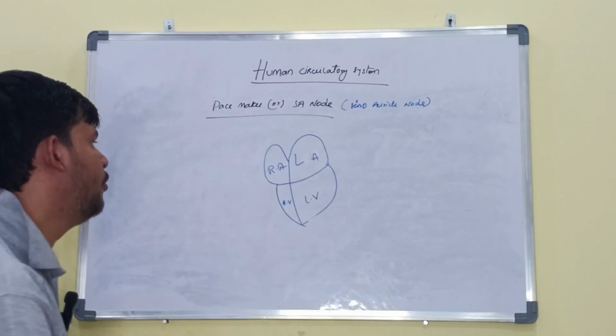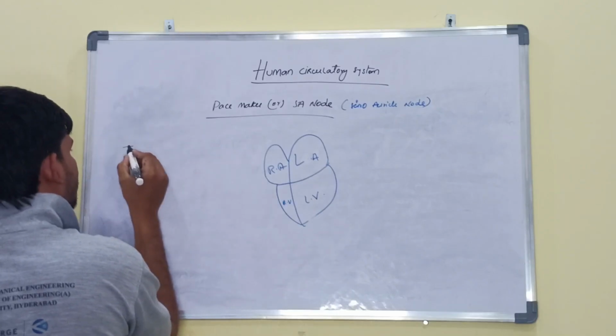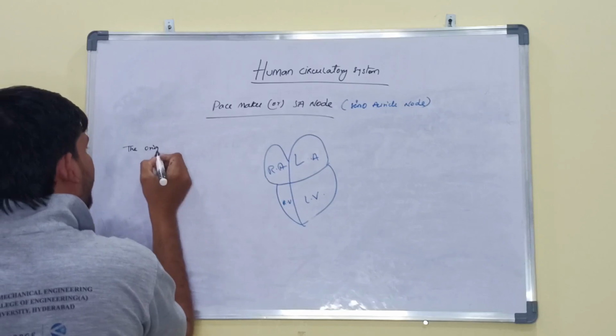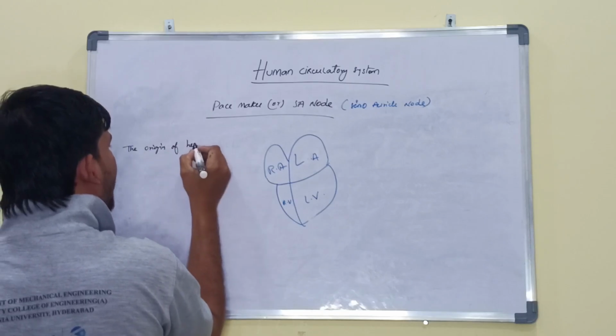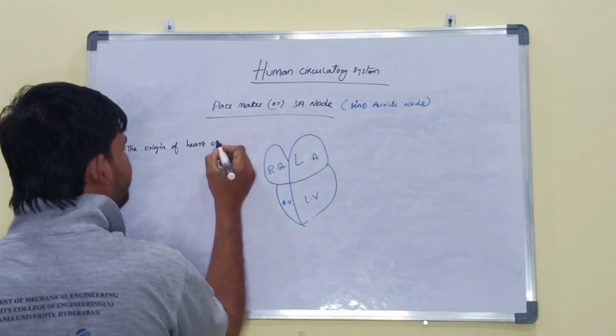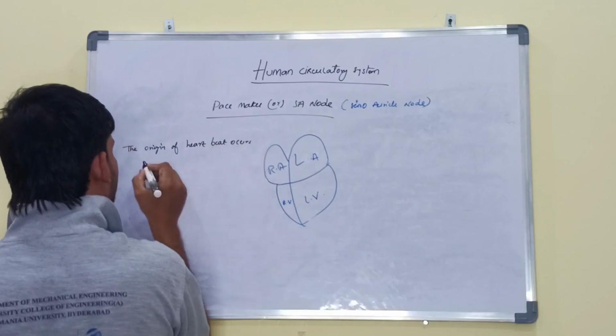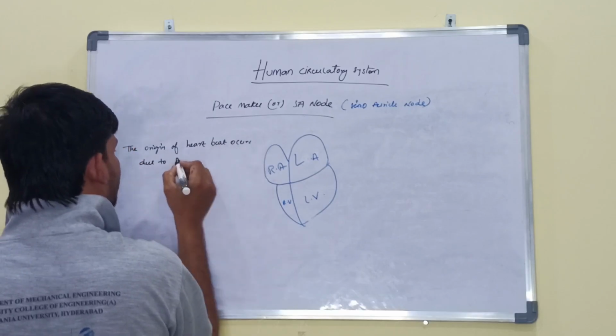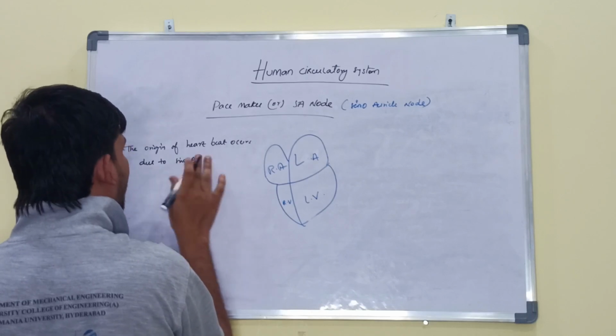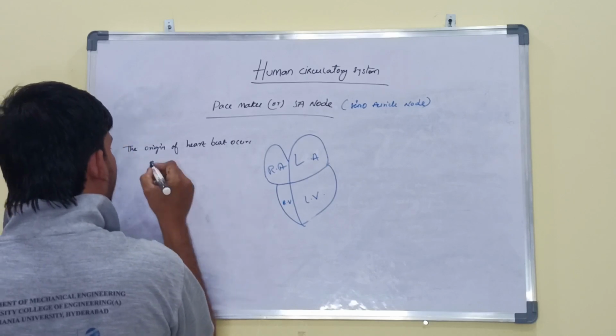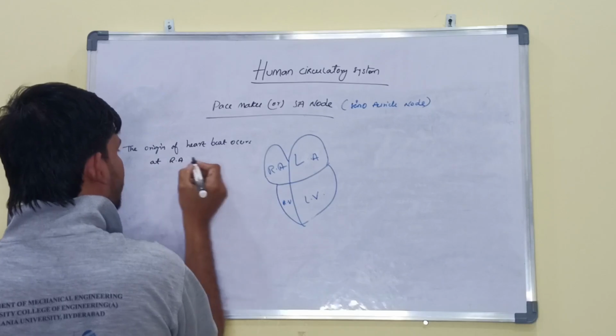What does sino-auricular node mean? The origin of the heartbeat occurs at the right auricle.